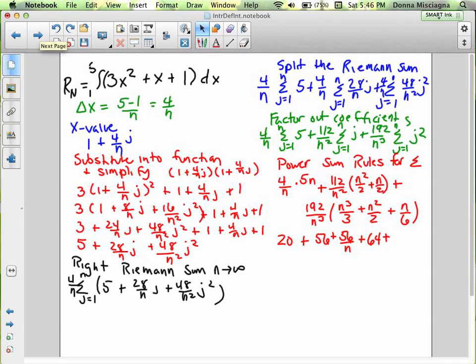We only got 2 more left. All right, so we would have a 96. That's not going to really matter much because it's got an n in the denominator. And then we'll have an n squared in the denominator. And 192 divided by 6 would be 32.